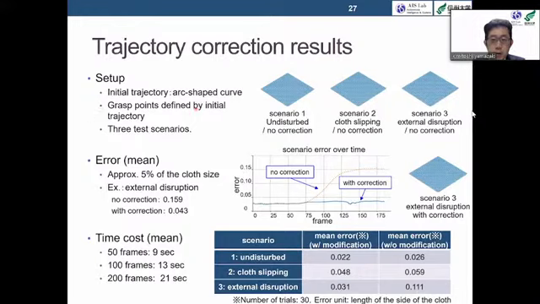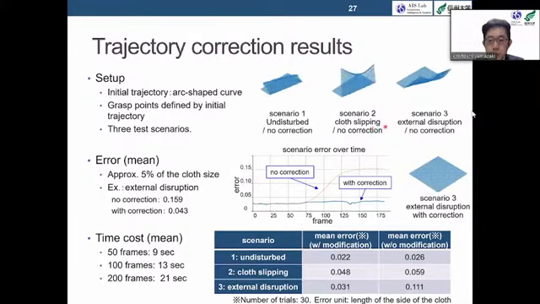In scenario 1, manipulation proceeds undisturbed, like this. In scenario 2, friction is lowered, causing the cloth to slip during the manipulation, like this. In scenario 3, an external disruption is applied partway into the manipulation, here.